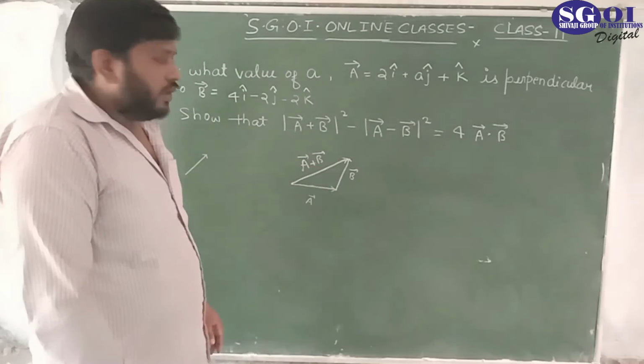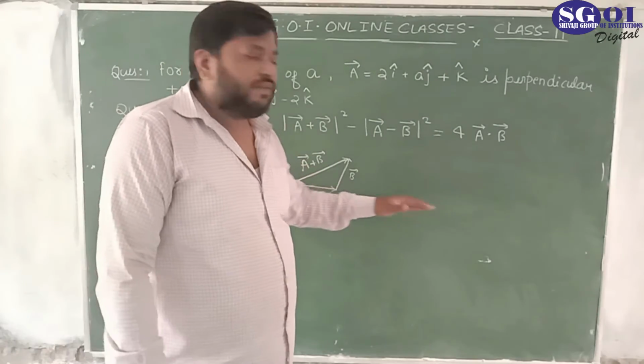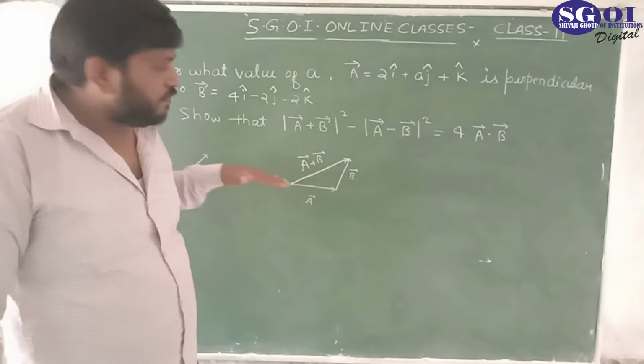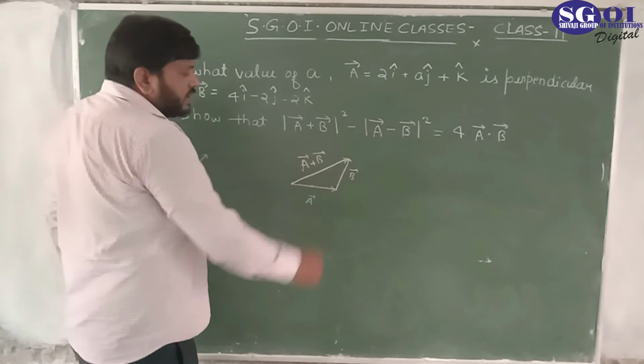In general, we are not taking these two vectors in a straight line, we are taking a general case. So this is vector a, this is vector b, they are not collinear, they are not in the same line.